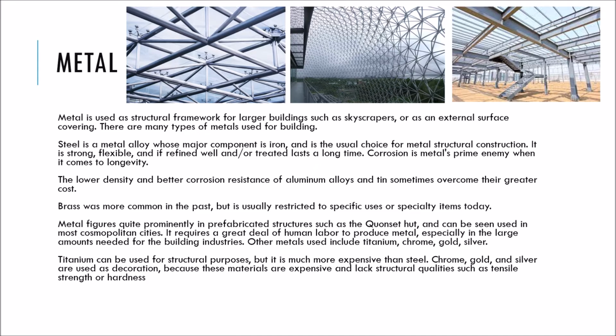Metal figures quite prominently in prefabricated structures such as the Quonset hut and can be seen in most cosmopolitan cities. It requires a great deal of human labor to produce metal, especially in the large amounts needed for the building industries.